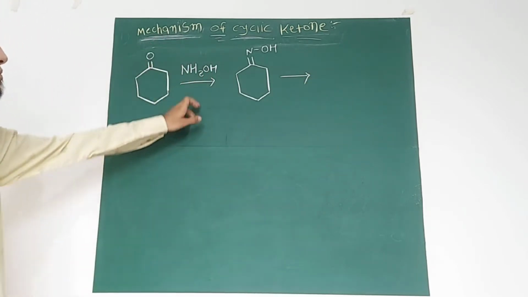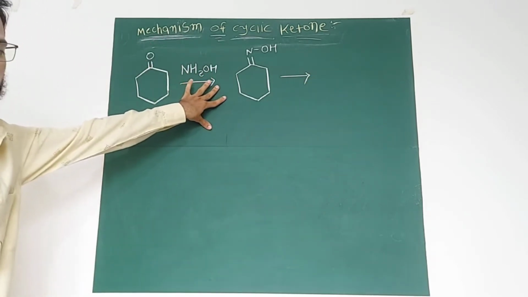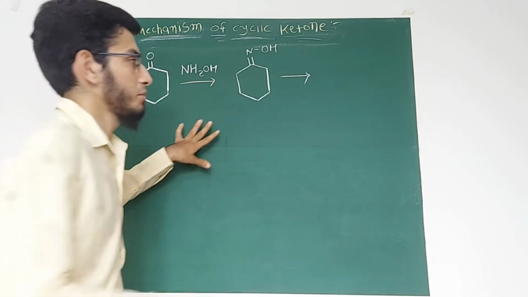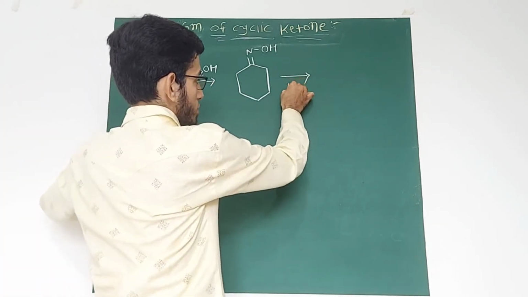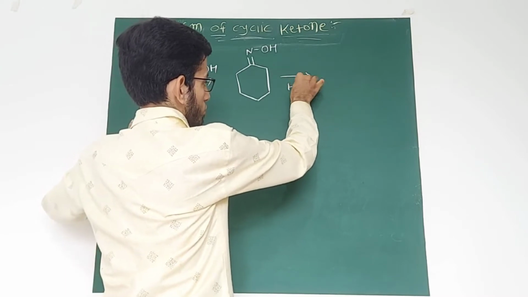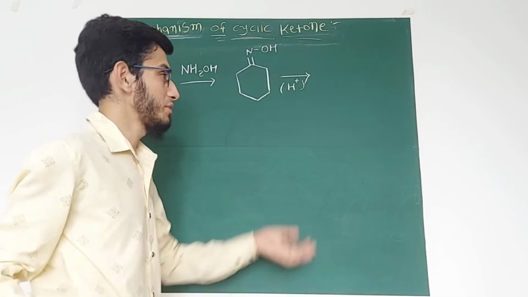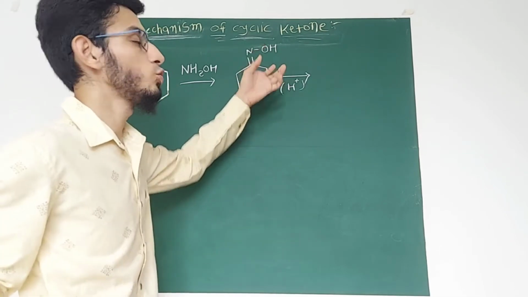Then what happened? After this, Beckmann rearrangement starts, in the presence of H plus or H plus of PCl5, etc. You can take anything. Okay, I am taking H plus so that I can do the mechanism.